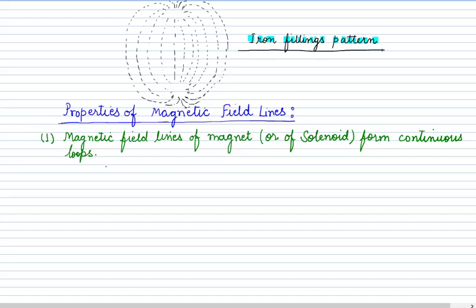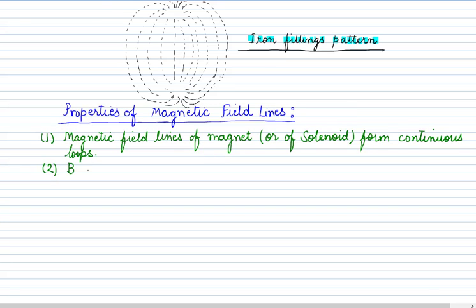A solenoid is a long rod with a number of wires wrapped around it. If you want to learn the properties of the solenoid, you can go to the magnetism of moving charges. The link is given below this lecture. But if you find the magnetic field lines of either a magnet or a solenoid, you will always see continuous loops.